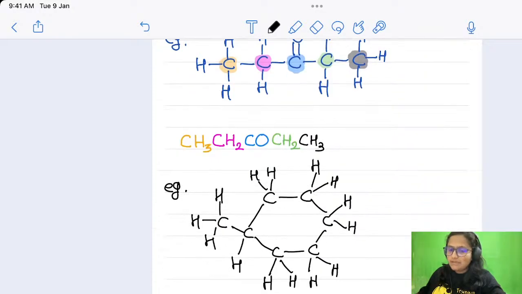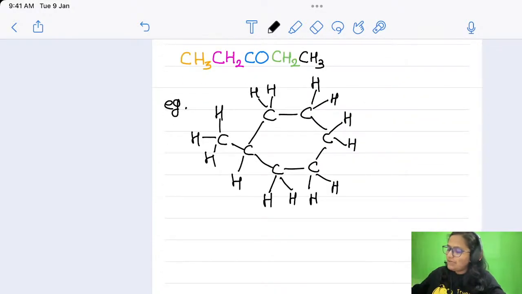So this is the detailed or complete structural formula. We have to convert it to the condensed formula, right?